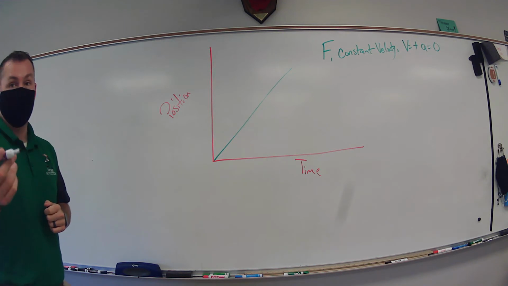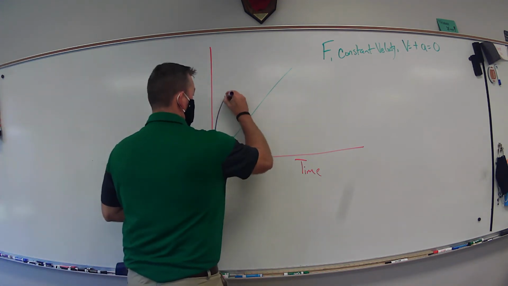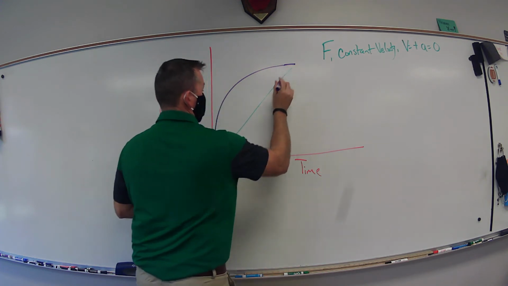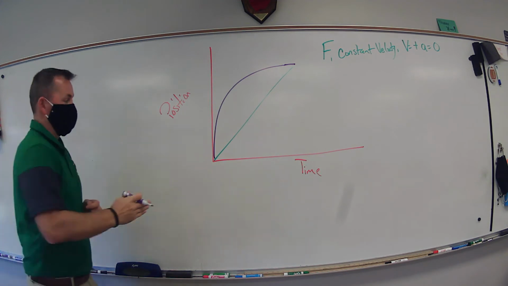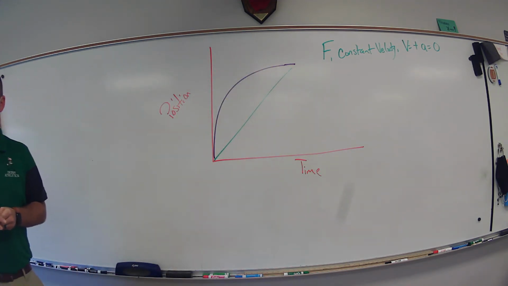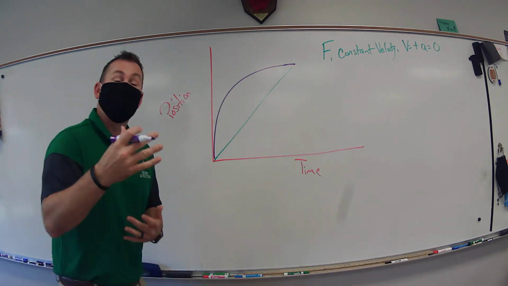Now, there's a couple other ways we can look at this. I can look at something like this. Okay, do we see the bend there? Do you see this bend? Does anybody know what that bend represents? It represents a change in velocity, okay? First of all, is it going forwards or backwards?